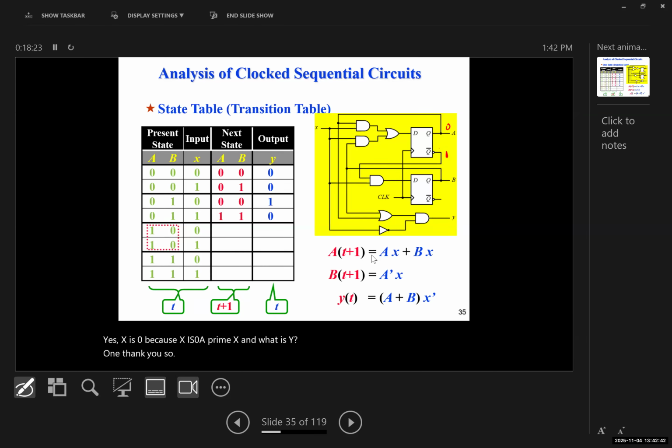And for the next row, when it's 0, 1, 1, then the output would be 1, 1, 0. Now, for the next row, A is 1, B is 0, X is 0.